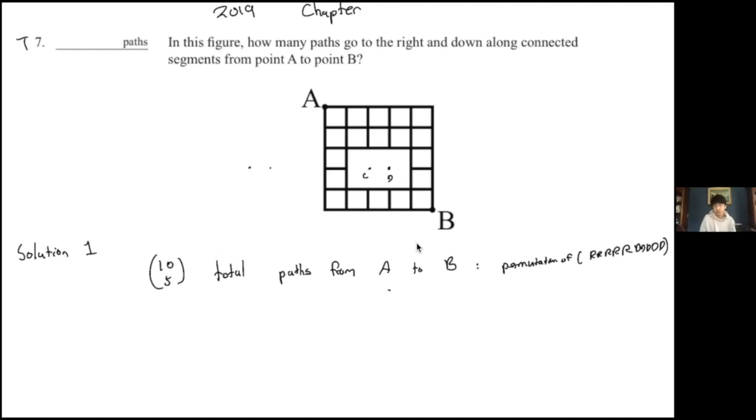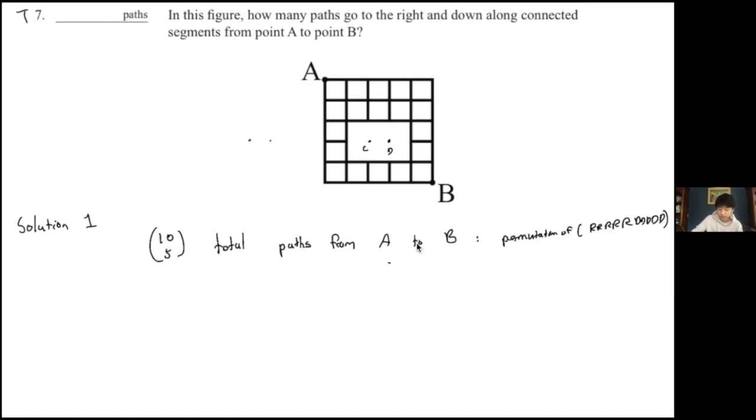There's 10 choose 5 different permutations, and each represents one path which only goes to the right and down, going down 5 and over 5 to the right, which takes us from A to B. Now we're trying to find the number of paths which don't go through either C or D.